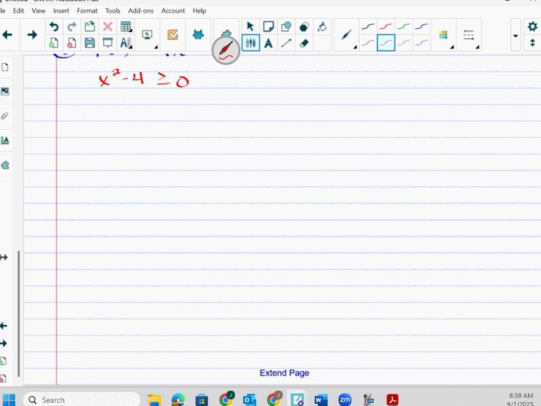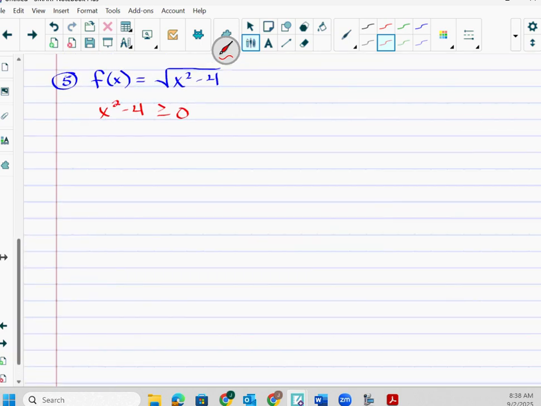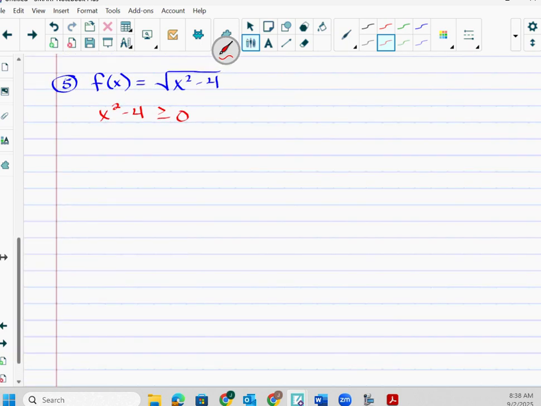Okay. This is not as easy to solve as the other inequalities you've been doing. You can't just move the 4 and take the square root. Once you have x squared, that is not how the inequality is going to work. What we're going to do is factor this. So what does this factor into? Okay.